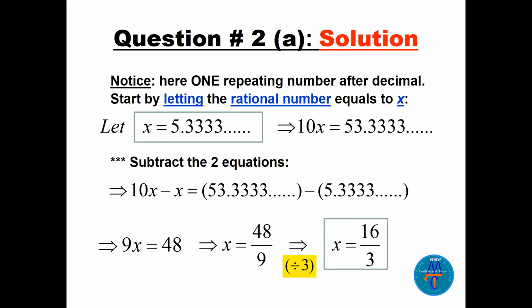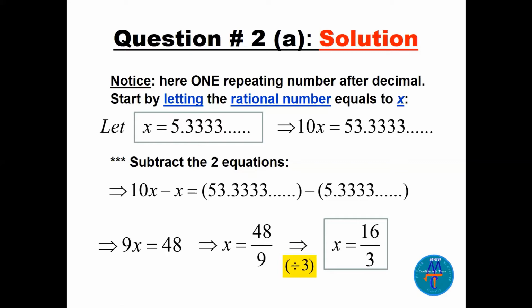Now I have 2 equations: x equals 5.333, and 10x equals 53.33. Let's subtract the 2 equations. What I mean by that: on the left side, 10x minus x, and then 53.3 dash minus 5.3 dash. Why do I subtract? To remove the repeated part.